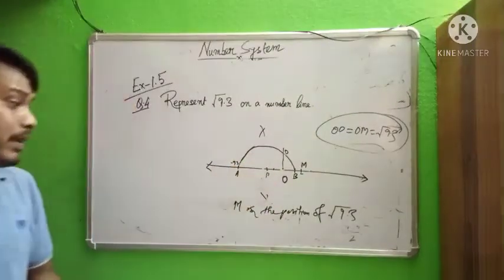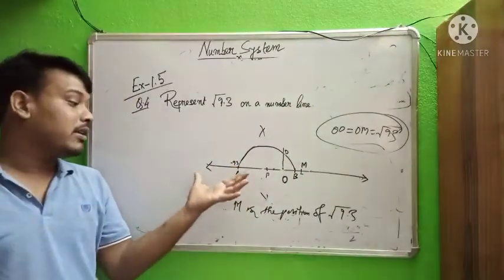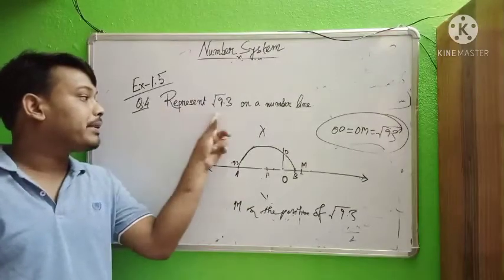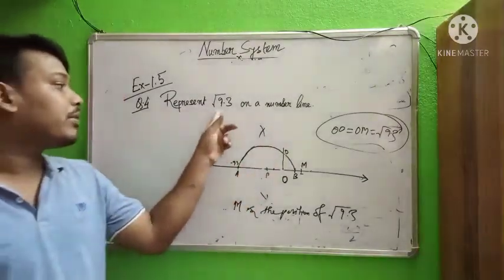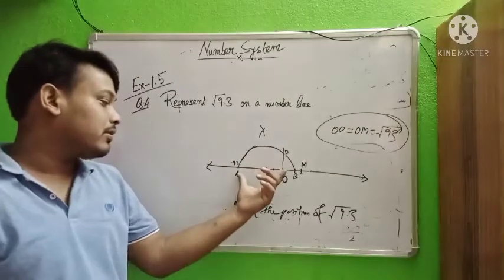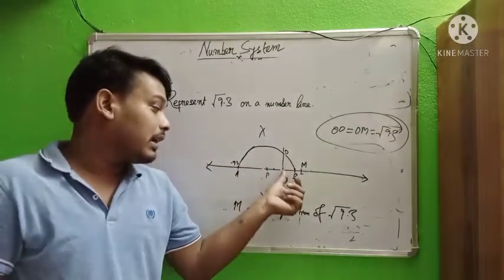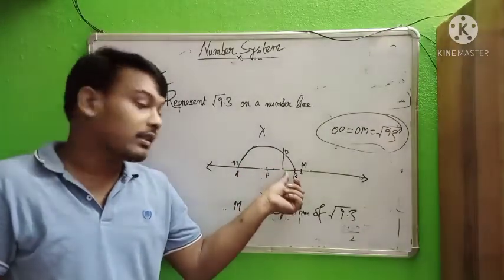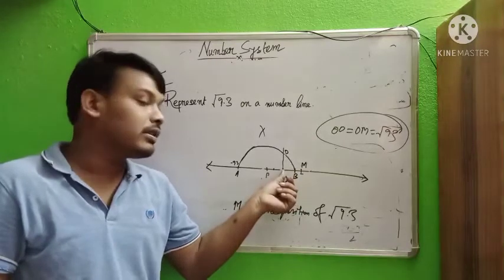One more time I will explain again. What is the question? Represent root over 9.3 on a number line. First we draw a number line and give O as the center, the position of 0.